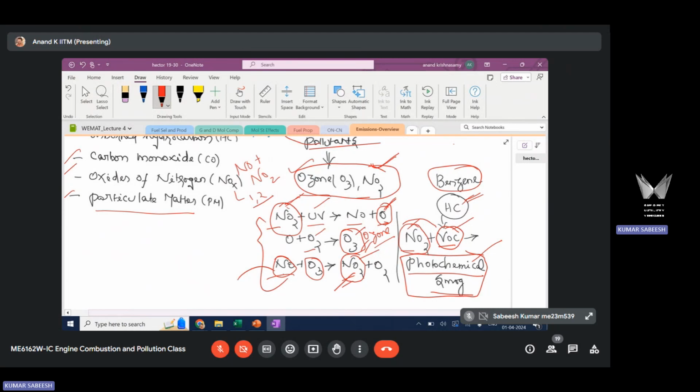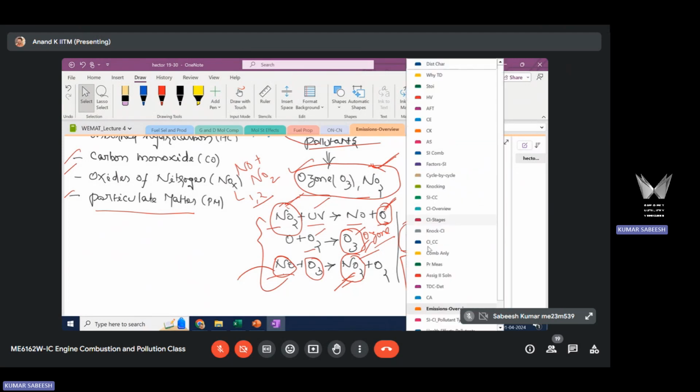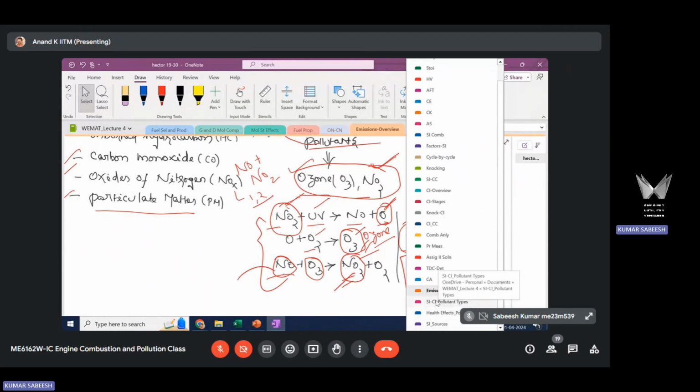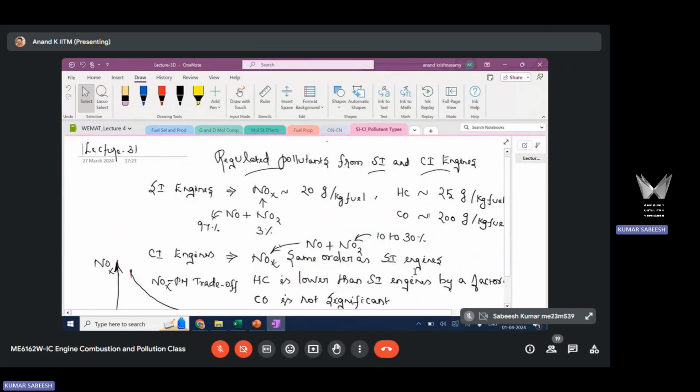Under certain conditions you would have observed on the road that there is smog. It is an indication that the NO2 level in the surrounding ambience is high along with the volatile organic compound. So with this, today I'm going to start with the typical levels of pollutants emitted from SI and CI engines. We will just look at some numbers.